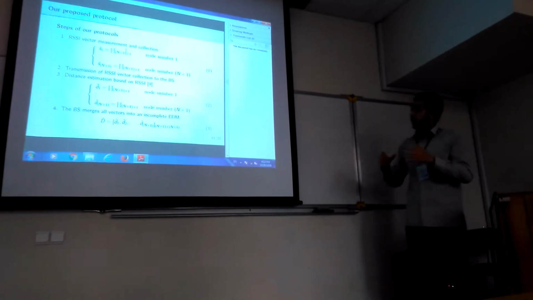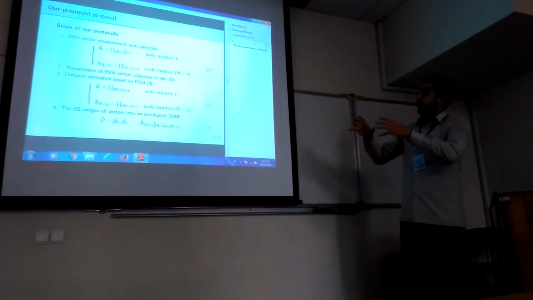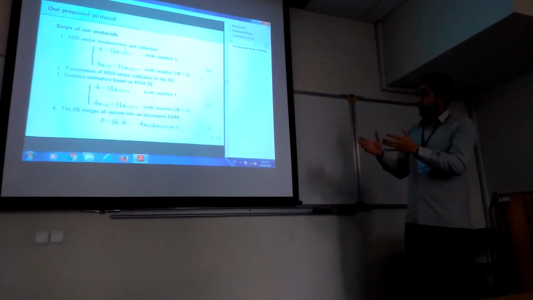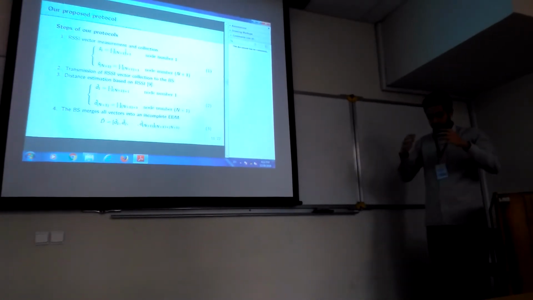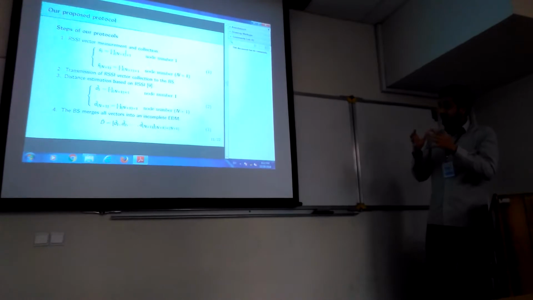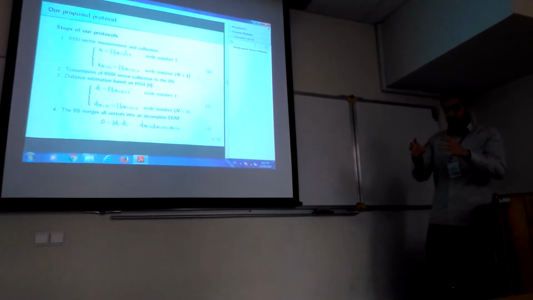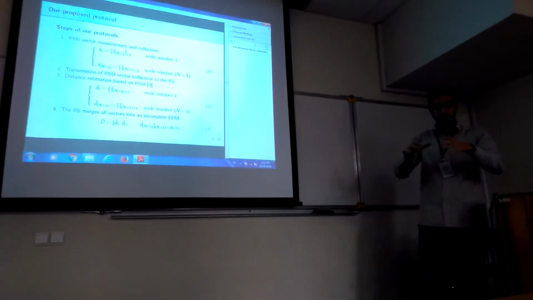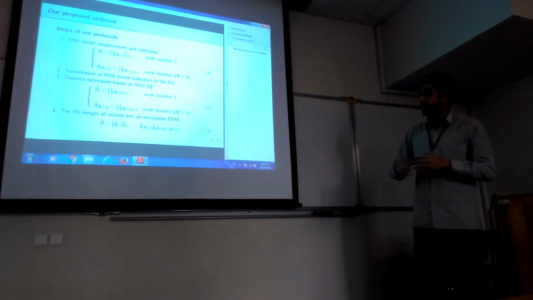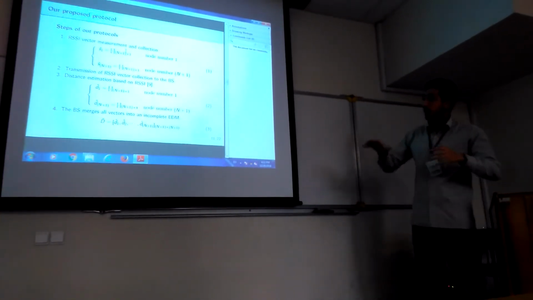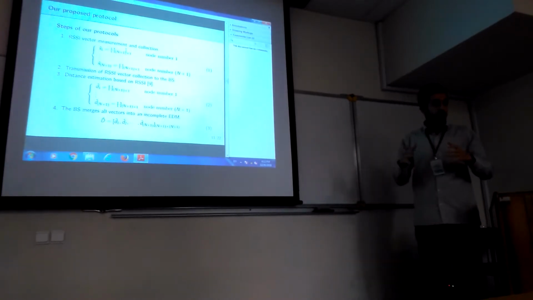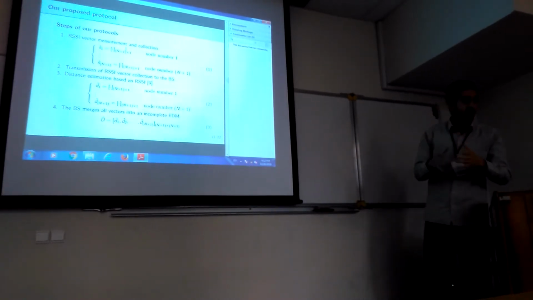As I said before, at the first step, each node measures the RSSI of its neighbors, those nodes that are located in its range. Second, it's time to transmit the RSSI vector collections to the base station.